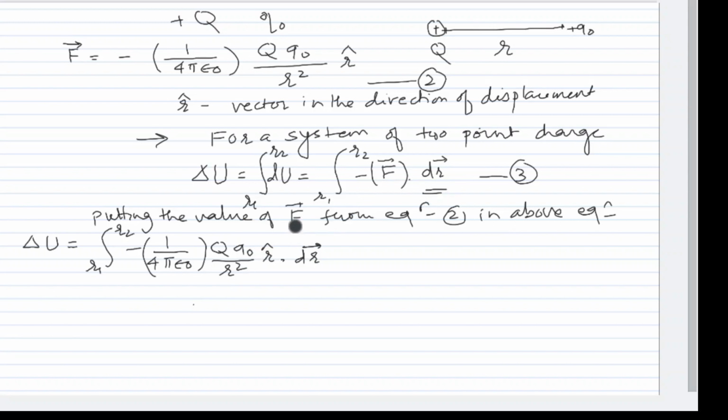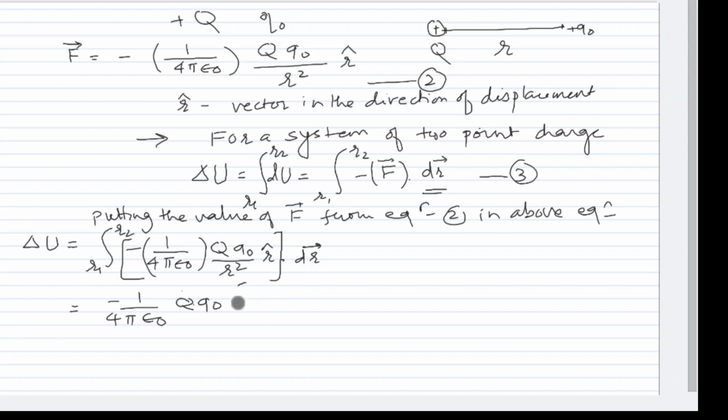Okay, this is the value of the force, and here we are writing dr as it is. So now from this we can write this as minus 1 upon 4 pi epsilon 0. This is the constant term we are taking out of the integration sign, and this Q0 is also constant because charges are kept constant over there.